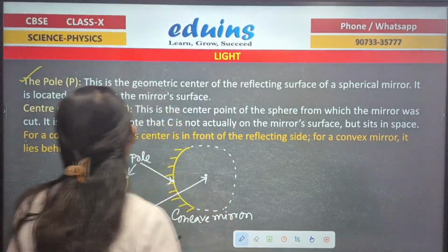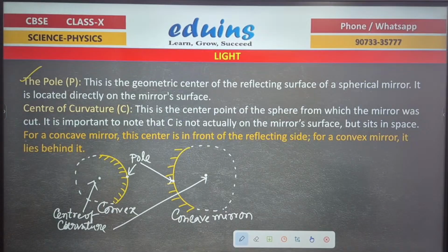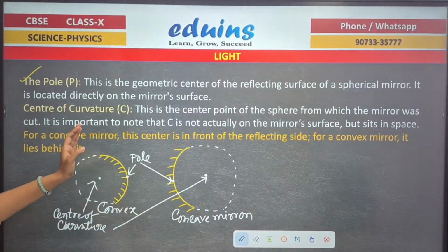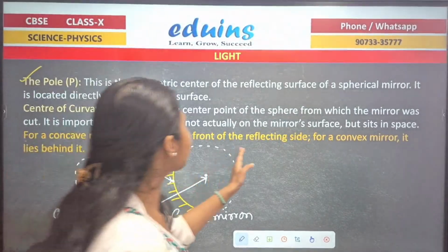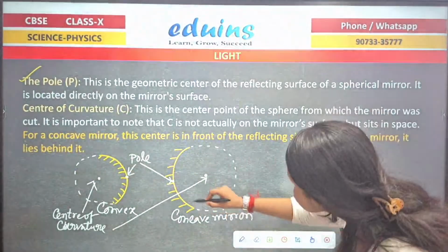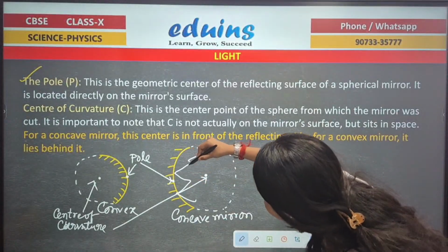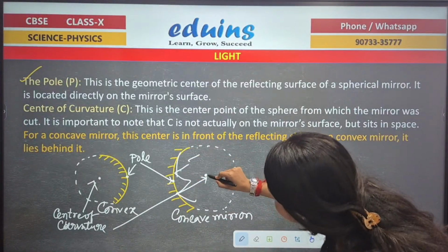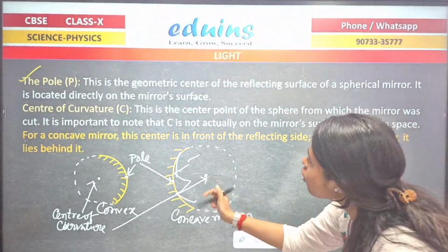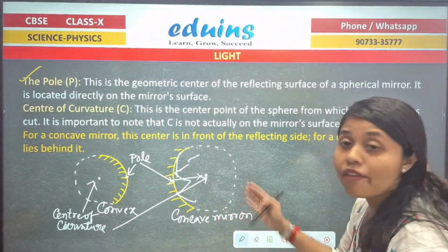For a concave mirror, the center is in front of the reflecting side. We know that this is the reflecting side, and the center of curvature is in front of it. We have to remember it.